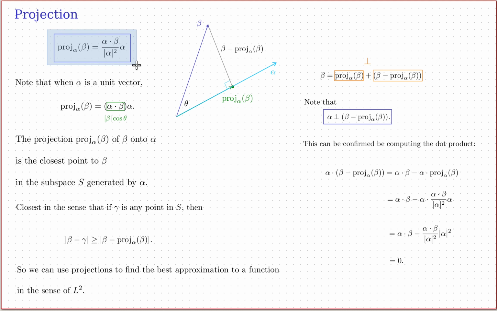So this is really the most essential tool in projecting onto a subspace, knowing how to project onto a single vector. And then we'll be able to combine these projections to get the projection onto a subspace. And as I said, by projecting onto a subspace, we will be able to get the closest vector in the subspace to the original vector in the sense of L2, in the sense of least squared error.